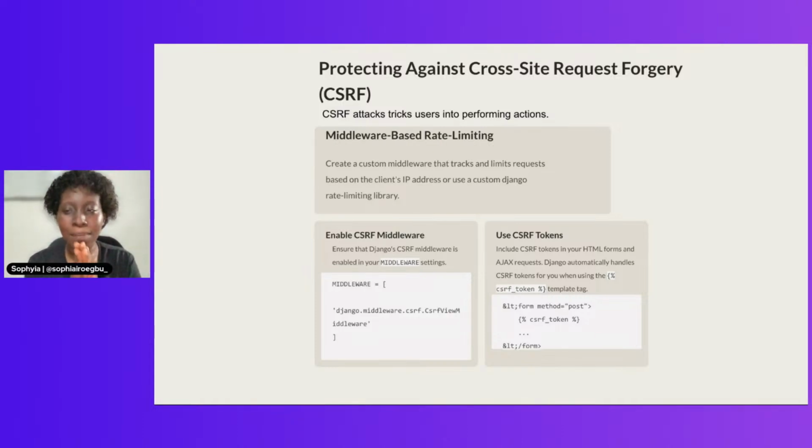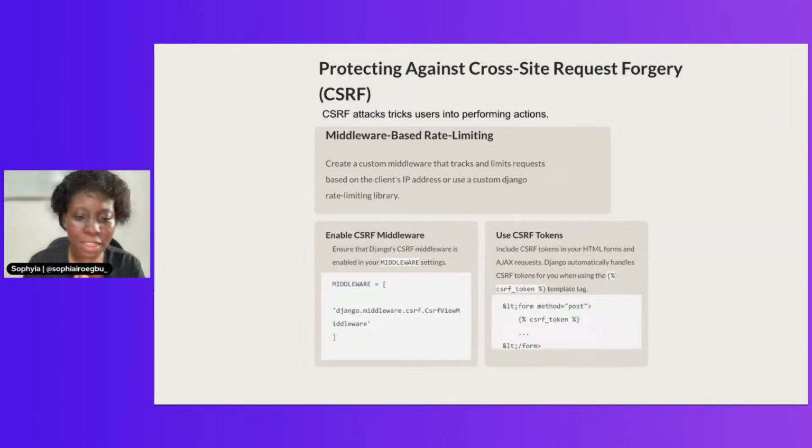So what that middleware is going to do is, if you have user A that decides to attack your website using multiple devices, creating a custom middleware that tracks and blocks that request is needed, because user A cannot send a request from device one, device two, device three, and device four, and all four of them would be accepted at the same time, because you would need to limit the user request based on their IP address.